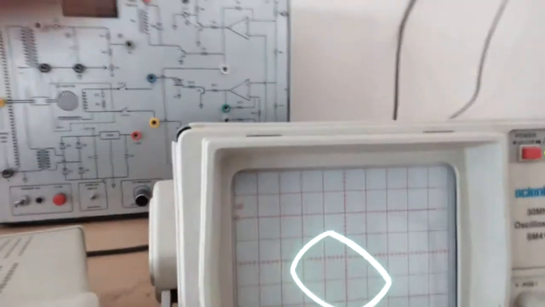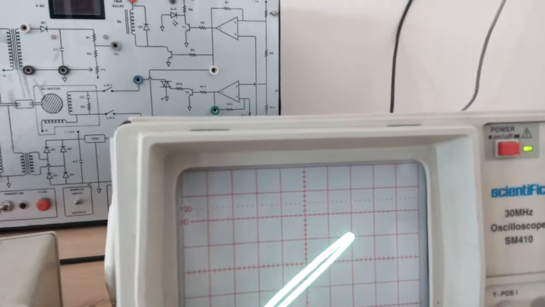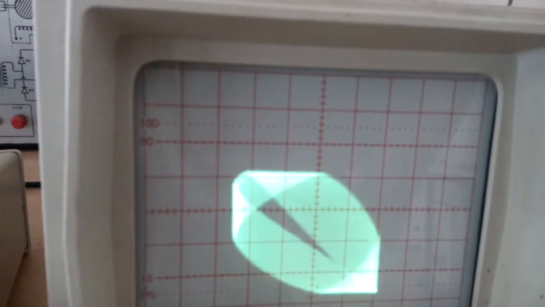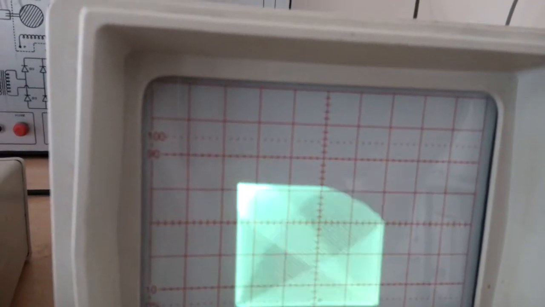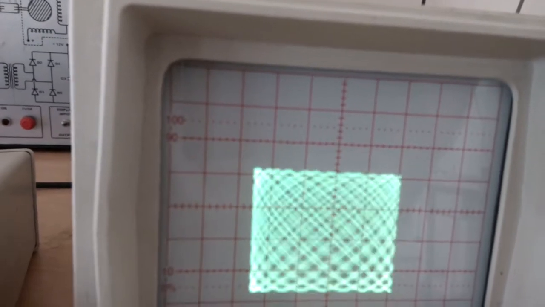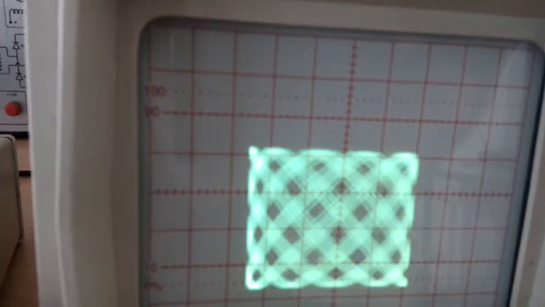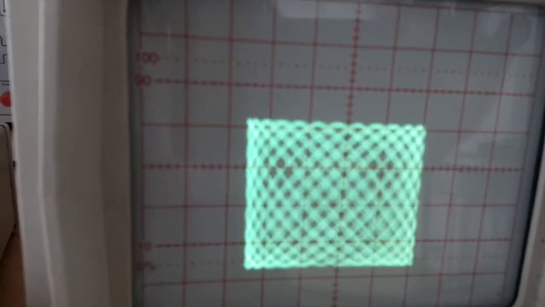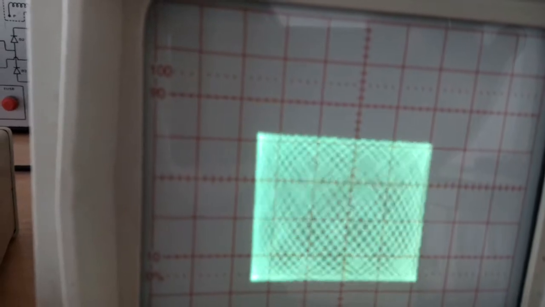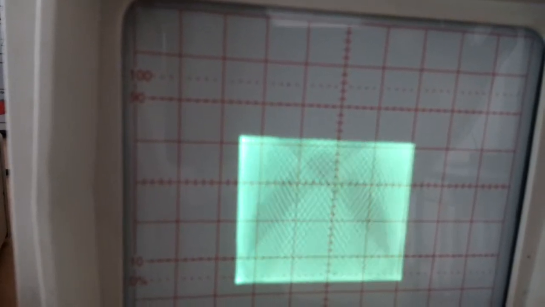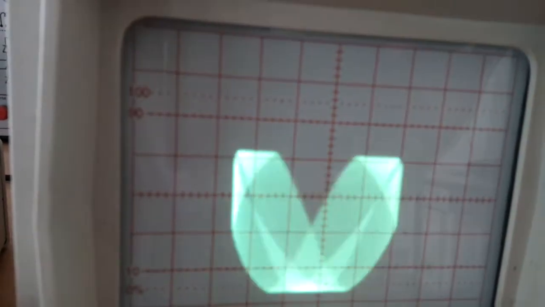Then we will be changing this to obtain the next Lissajous pattern. You can see here the changes on the screen. We will see at what frequency we get the stable Lissajous pattern. So here we are obtaining a stable Lissajous pattern.